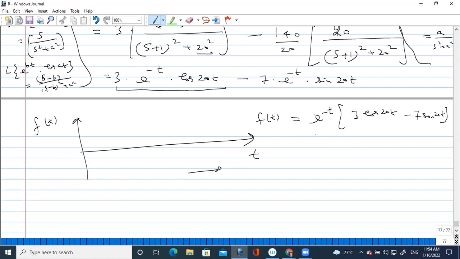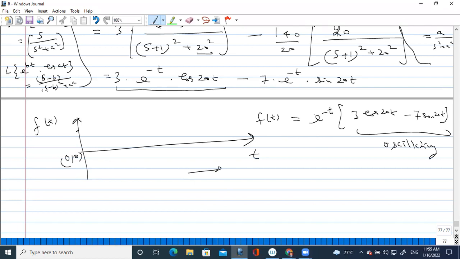Okay, so in this first of all you have to check at 0 level, because you have to recognize the 4 options. In the 4 option graphs you have to recognize. First of all you should think that cos and sin terms are there, so your curve will be oscillating. Oscillating means up and down it will go. But at t equal to 0, what is the condition of that? That you have to check.